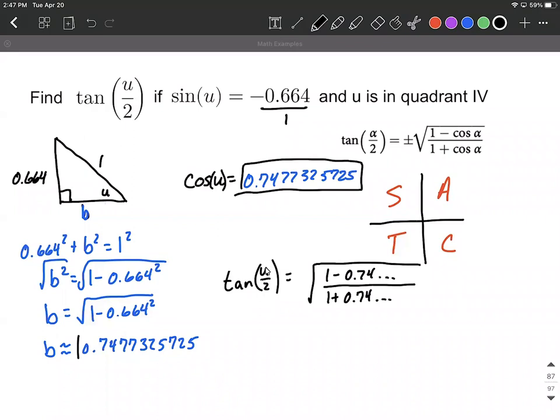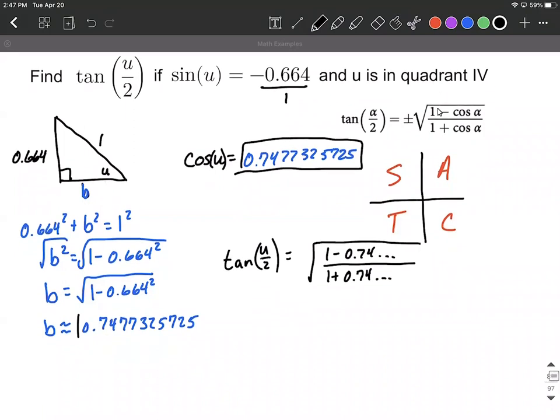But let's talk about u over 2. That's not the same as just u that was in quadrant 4. That's u divided by 2. So let's talk about how we figure that out. Well, if it's in quadrant 4, that means it's between 270 degrees and 360 degrees. But we aren't looking for simply u, we're looking for u divided by 2.